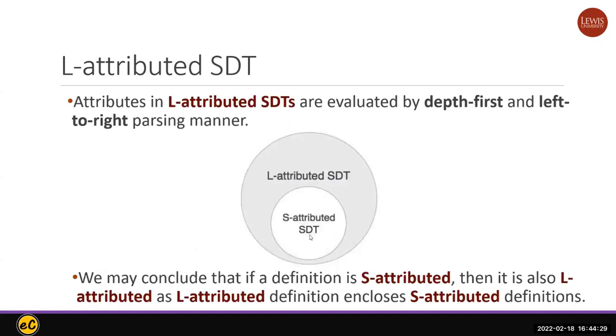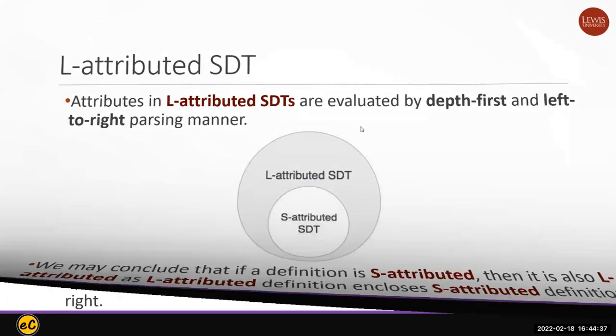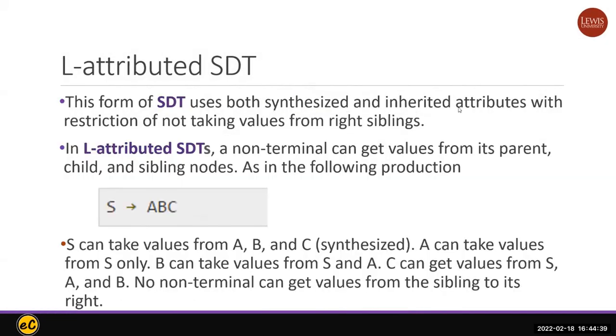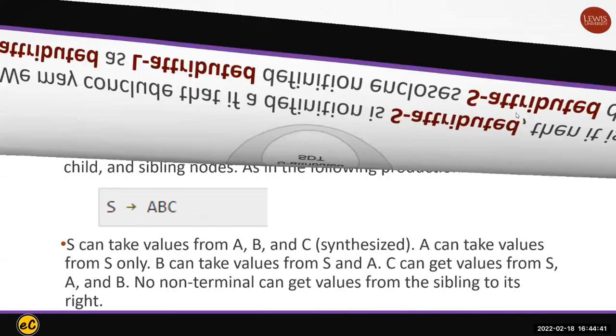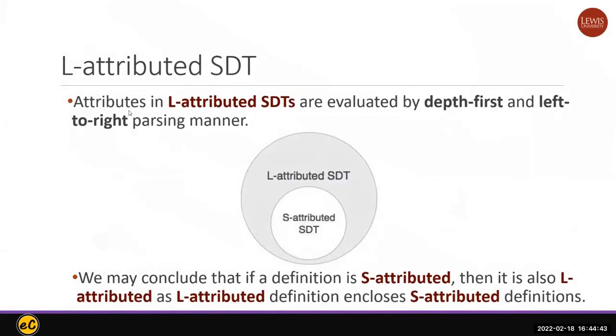So S attributed SDT is part of the L attributed SDT. Okay, because L attributed SDT can evaluate the synthesized attribute as well. Okay, so it's something like this. So attributes in L attributed SDT are evaluated depth first, left to right. So it is similar to recursive descent.